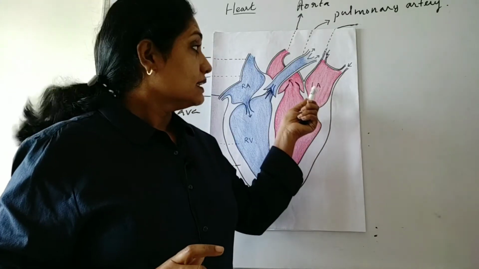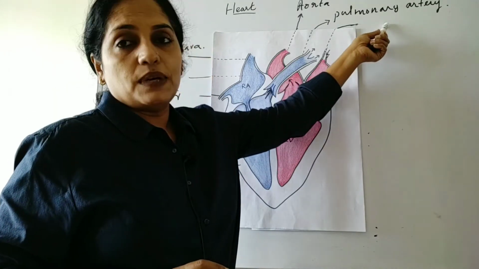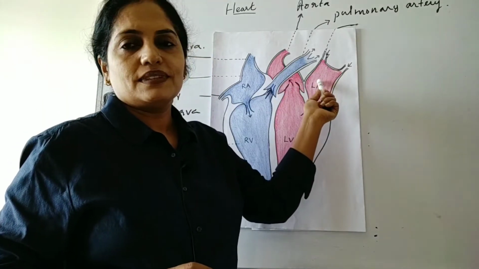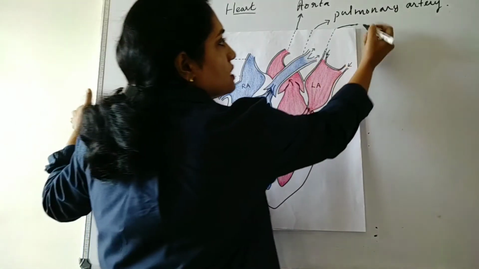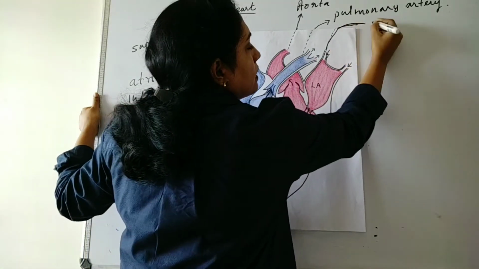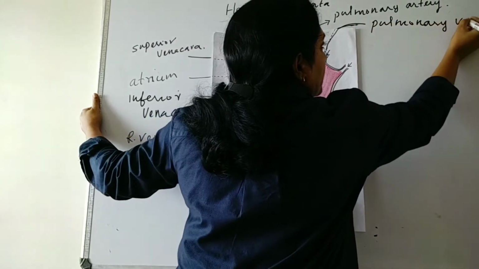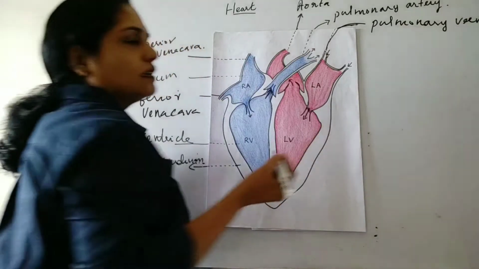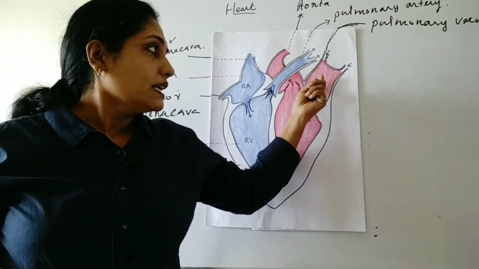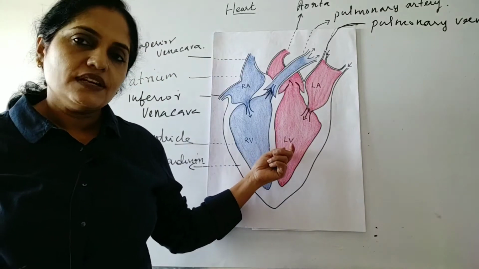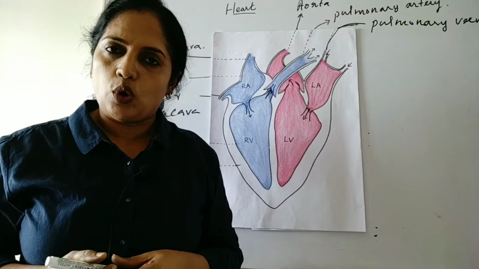And here the left atrium receives oxygenated blood from the lungs through a vein called pulmonary vein. Then this oxygenated blood is pumped into the left ventricle and then through the aorta to different parts of the body.